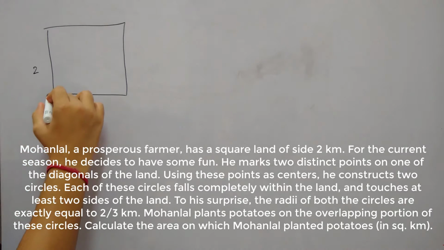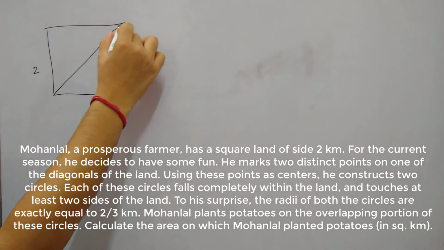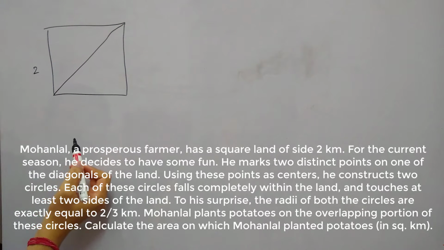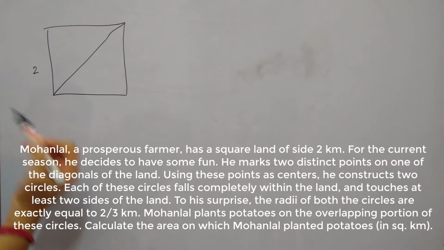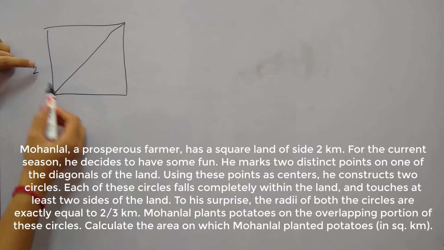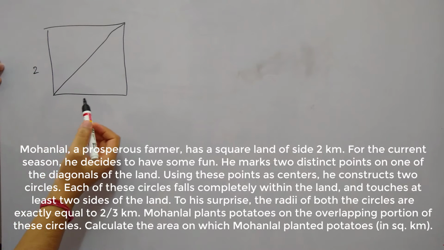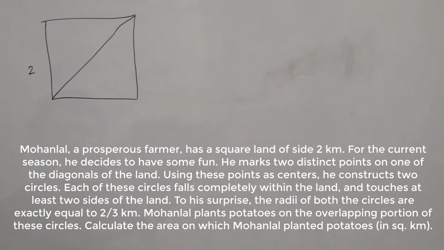So this farmer has drawn a diagonal on his land and marked 2 points on this diagonal and drawn a circle. The circles are such that every circle is touching two sides of the land, and they are completely within the land. To his surprise, the radii of both the circles are exactly equal to 2 by 3 kilometer.